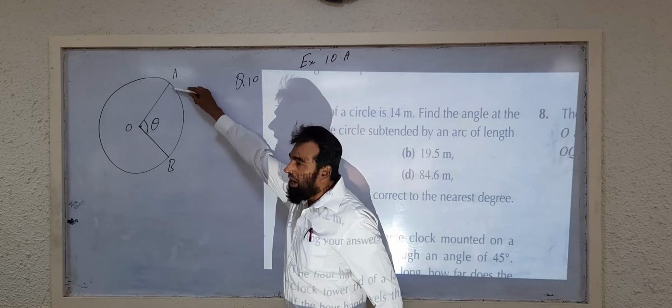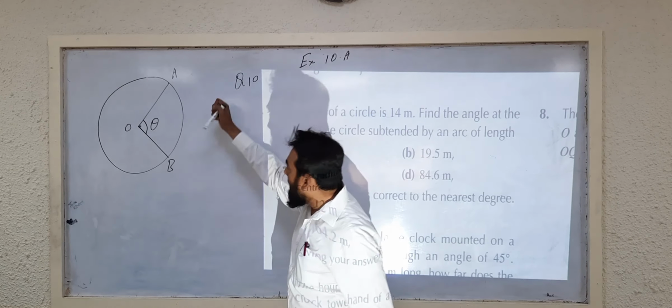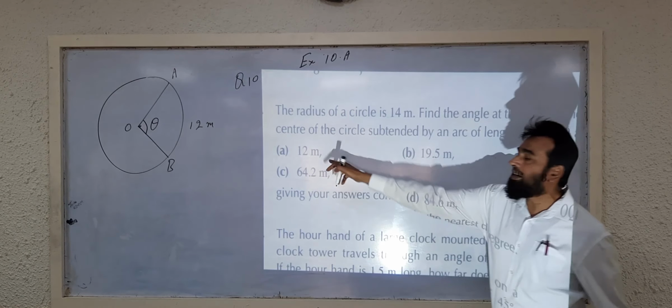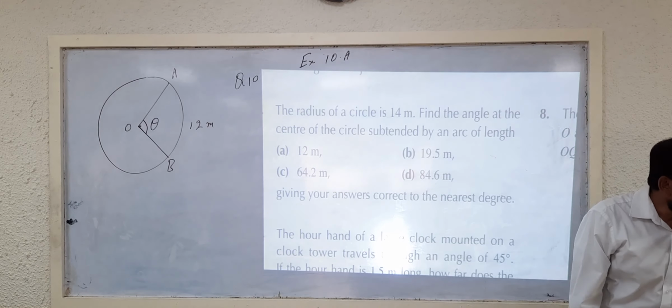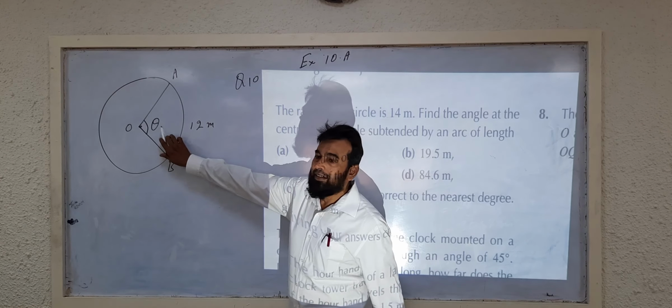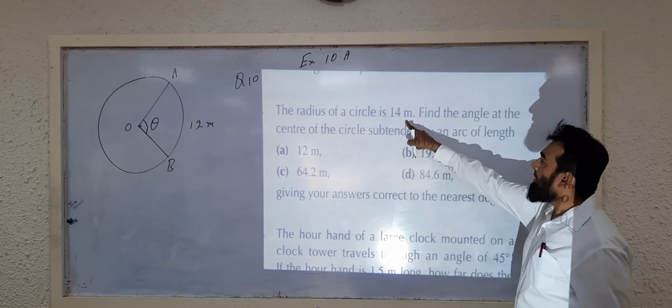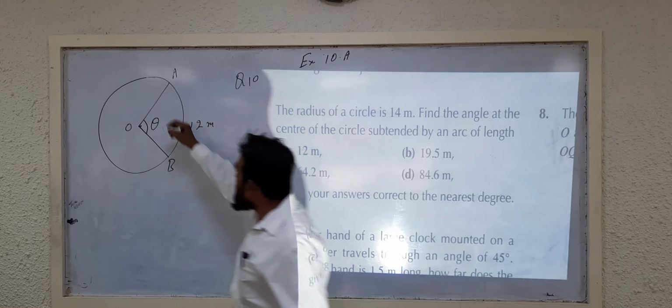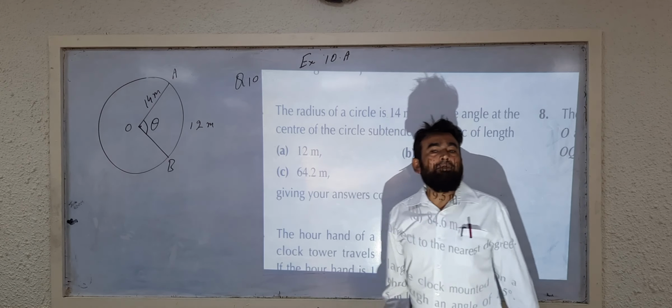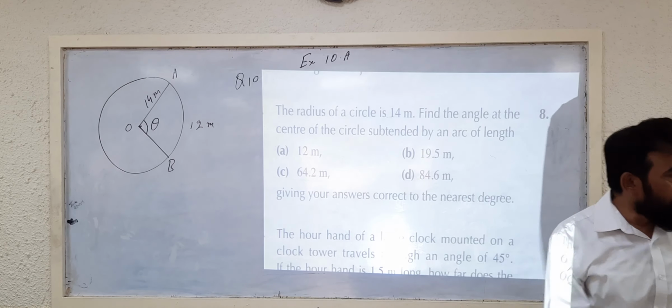The arc length is 12 meter. Arc length is given. We have to find this angle. The radius is already given, which is 14 meter. You have already done this in question number 9 also.